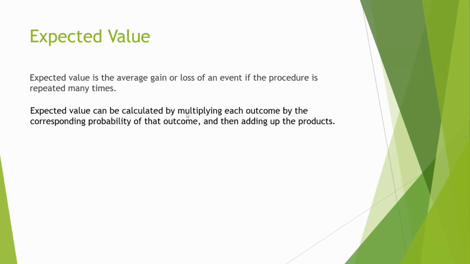We're only going to do expected value with experiments where you're either going to lose or gain money. So expected value would be how much you would gain or lose if you kept playing the game over and over again for a long time.